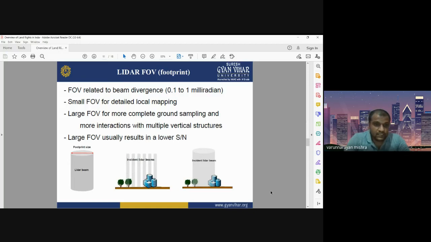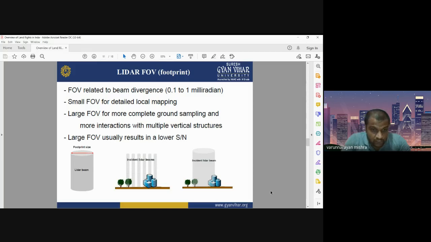So FOV is related to the beam divergence. What is the size of the laser beam which is transmitted by the lidar system? It is known as footprint, or field of view. Normally we call it field of view, but in the case of lidar we call it footprint.